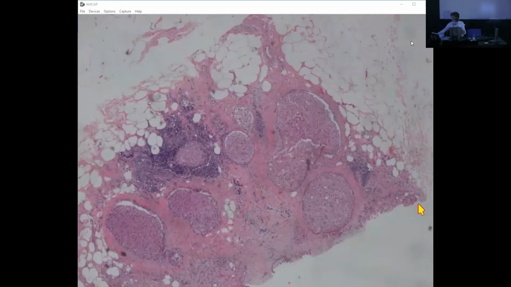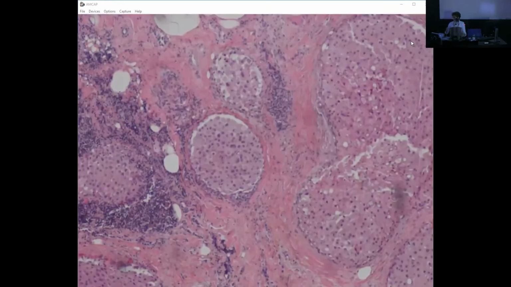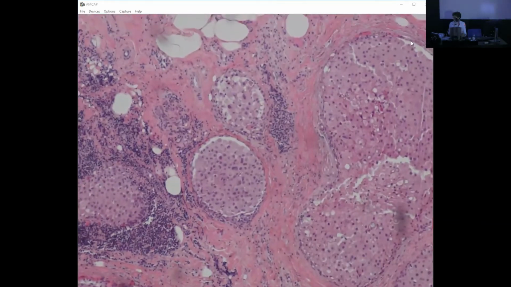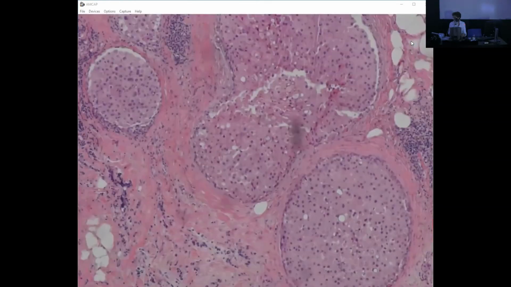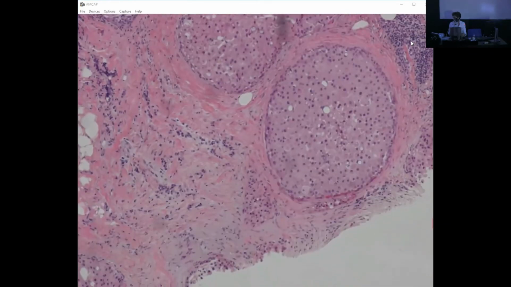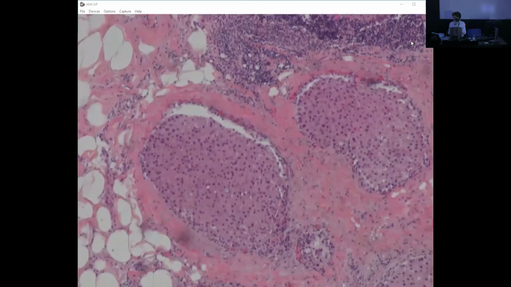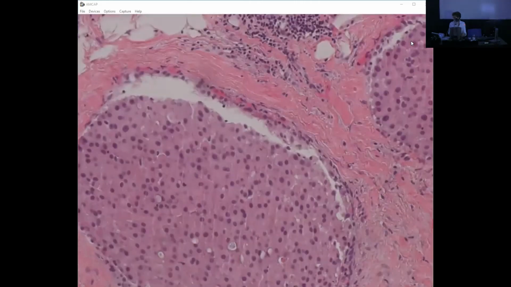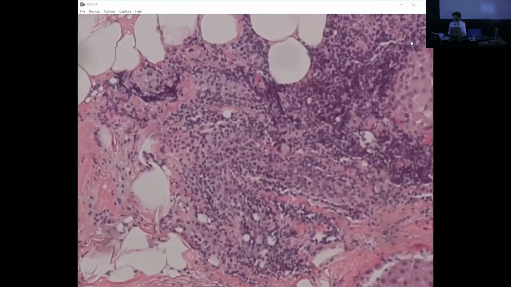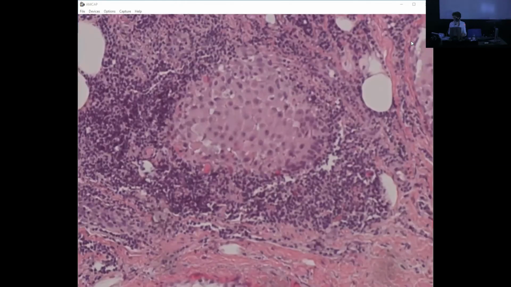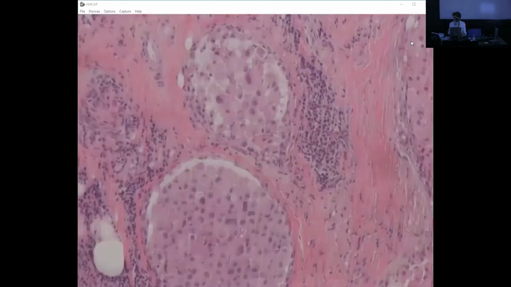Can you see it? Yeah, very apocrine, correct. In terms of nuclear atypia, it's monotonous. So monotonous meaning not pleomorphic.